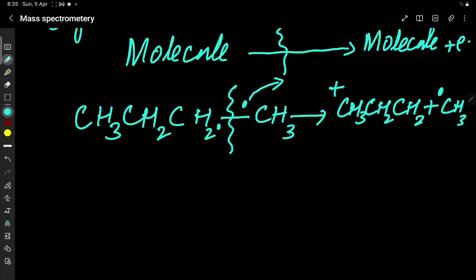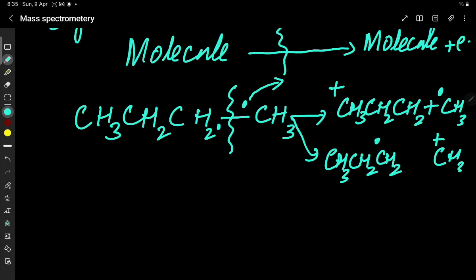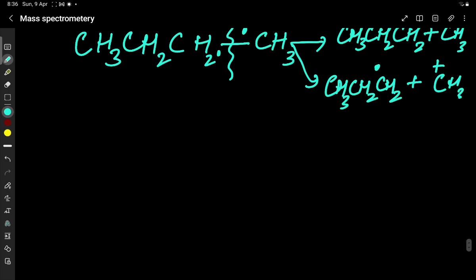There is another possibility, that this becomes the ion and this will become a free radical. Is that clear? So this is the splitting of the molecule into ions and free radicals.